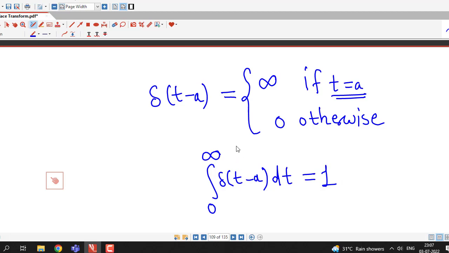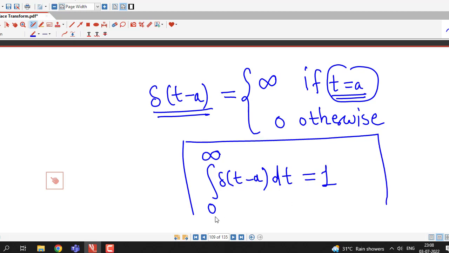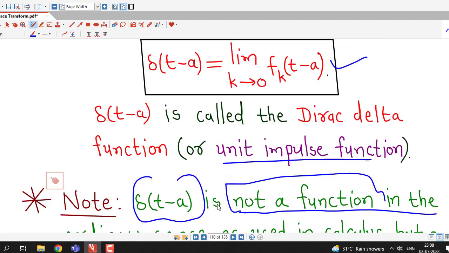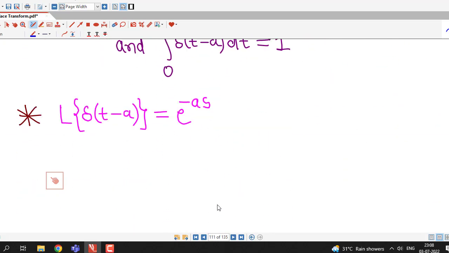The integral is not 0 even if the function is 0 everywhere except at only one point t equal to a. So this is a special type of function known as generalized function. It is non-zero at only one point, and the area under the graph of this function is always 1.